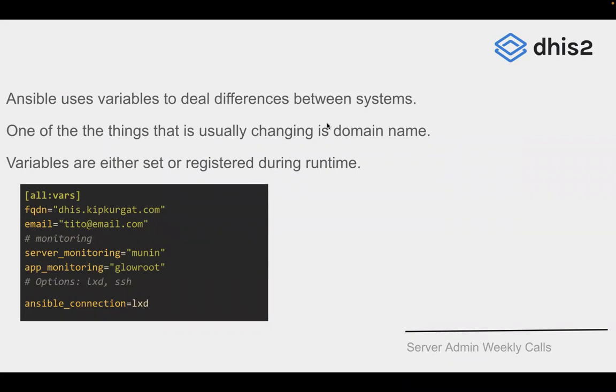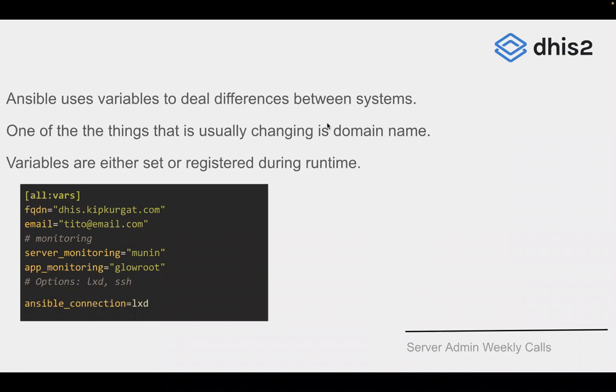For instance, in our deployment tools, one of the things that varies from one deployment to another is the fully qualified domain name, or email address, or whatever thing you want to set, even time zone, depending on the location that you are sitting in.